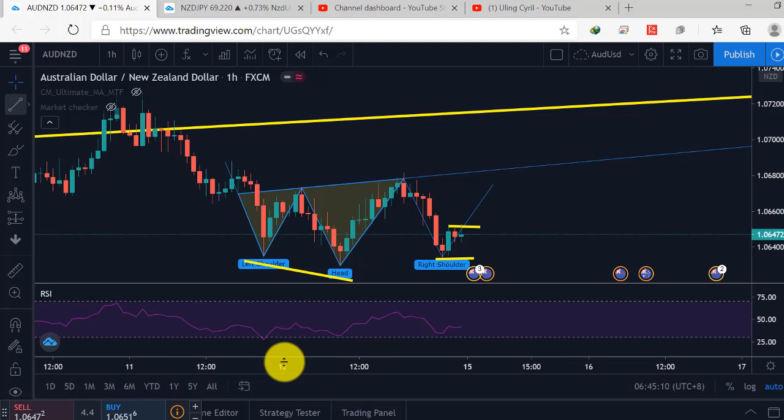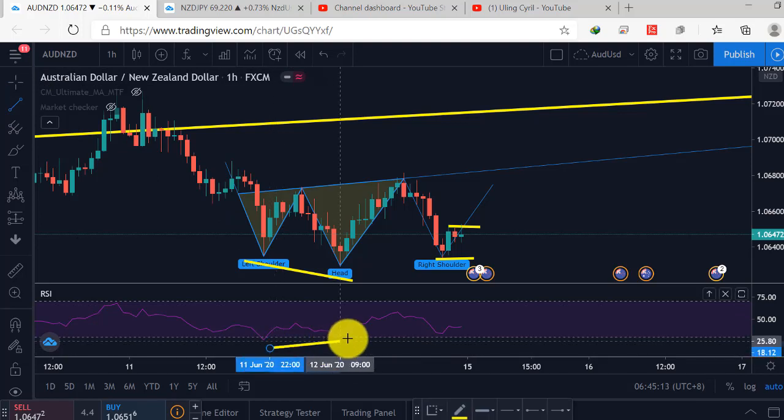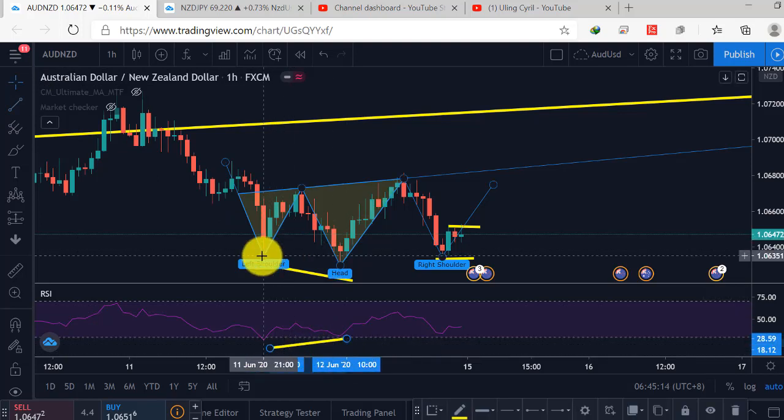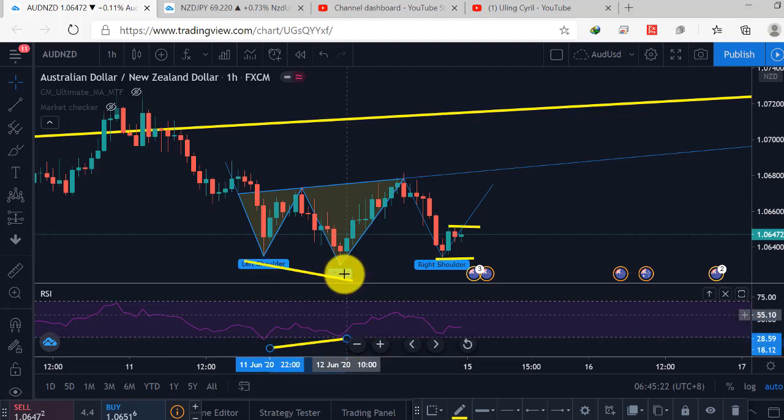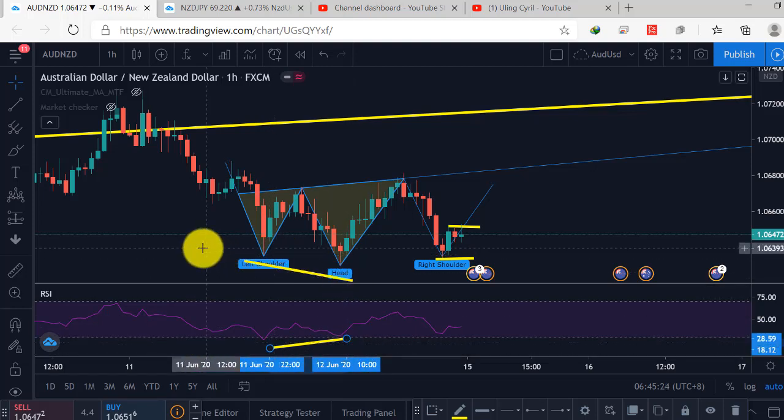Now here, makikita natin the tip of the left shoulder is medyo mababa compared to the head. That makes this one a divergent, one of the favorite nating tinitrade.